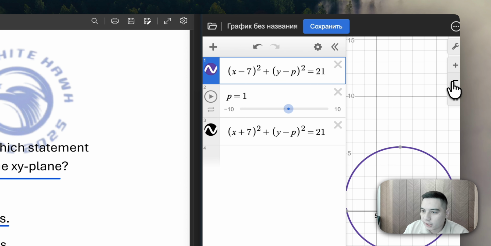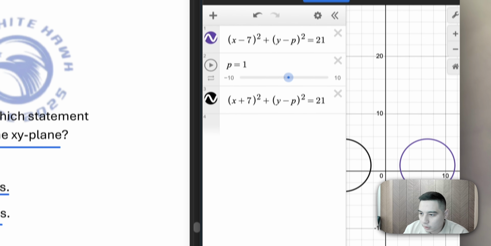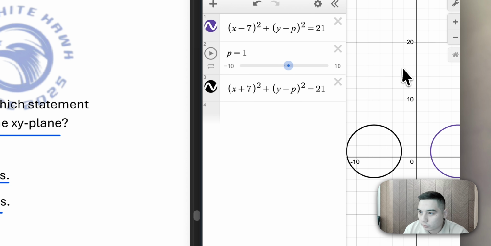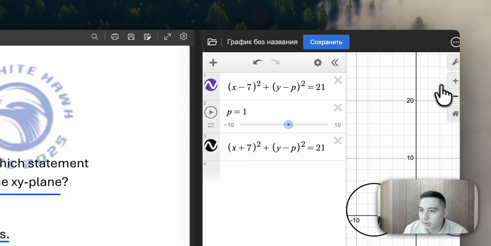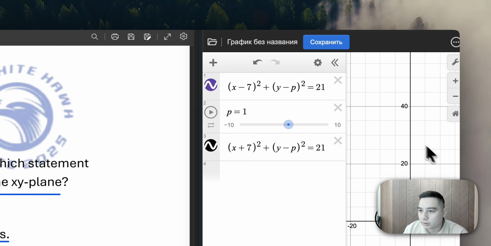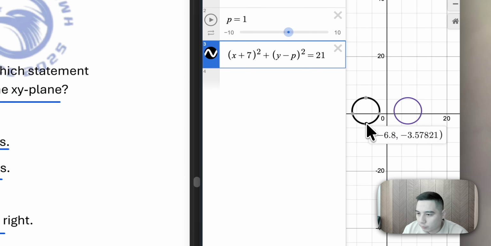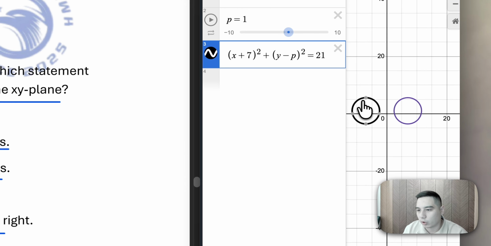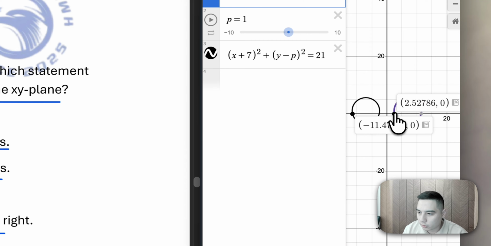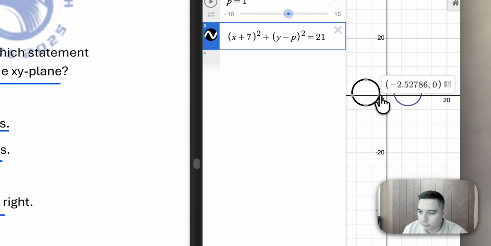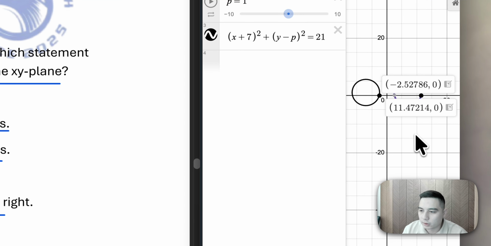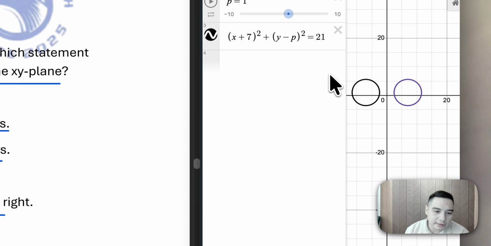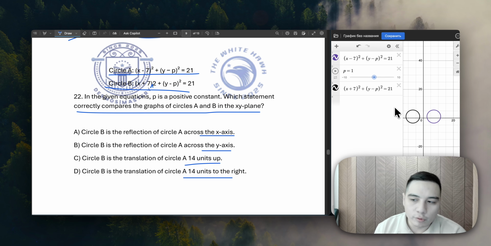We have the same radius, yes, the same radii to be precise, and the points, as you see here, are the same by the y. But for the x, if you take this point and this point, we have some differences. Okay, so this is the moving.